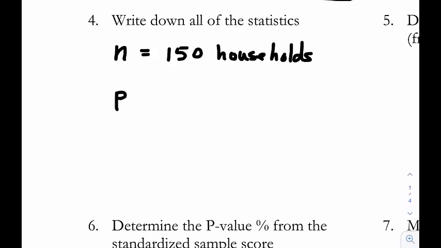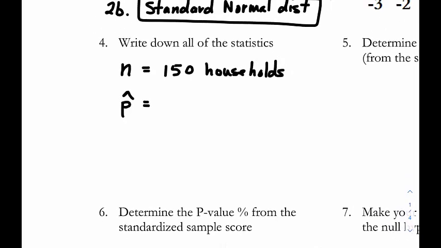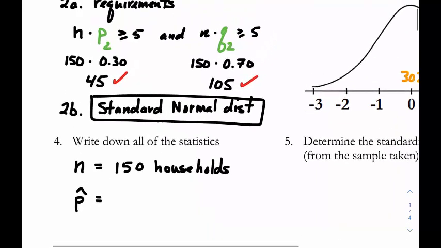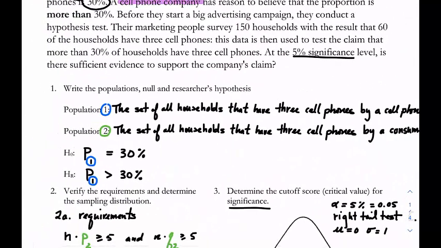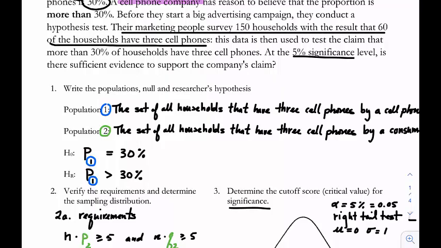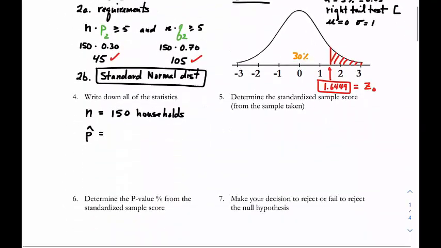Also, p hat is equal to, we're going to figure out that's going to be 40%. Let's go back up at the top and grab that from the sample being taken. The results say their marketing people surveyed 150 households and 60 of those households had 3 cell phones. So we know that proportion is 60 over 150.